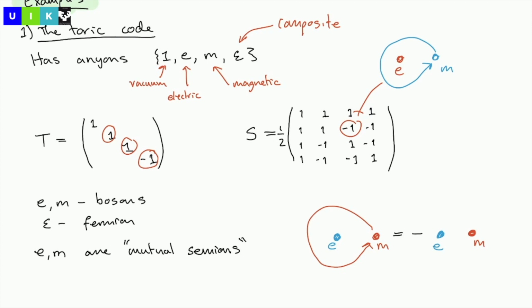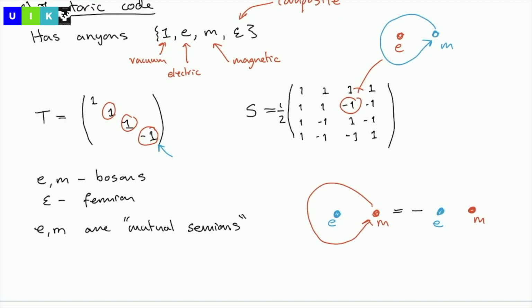Okay? So is it clear to everyone what each element of these matrices means? And it's really this mutual statistics, this -1, which explains how we're able to get that this epsilon is a fermion.